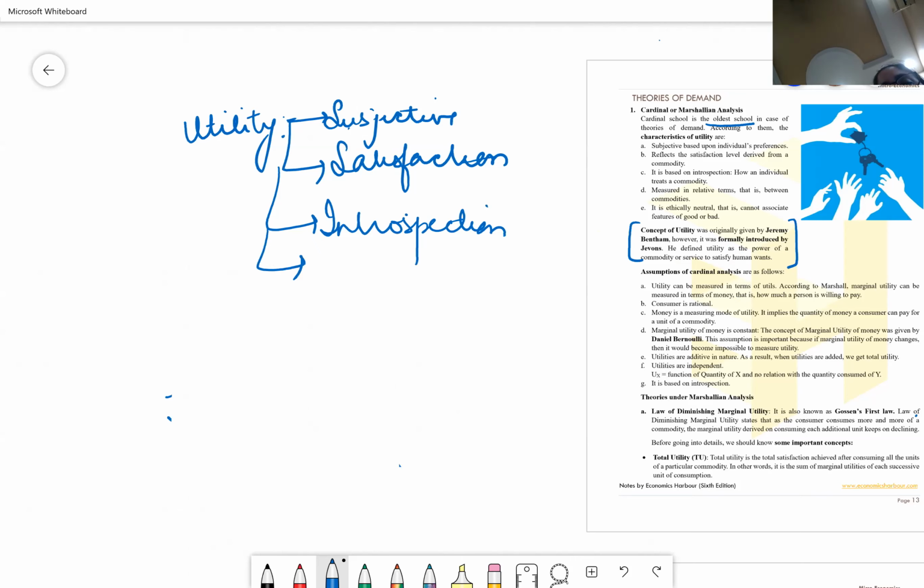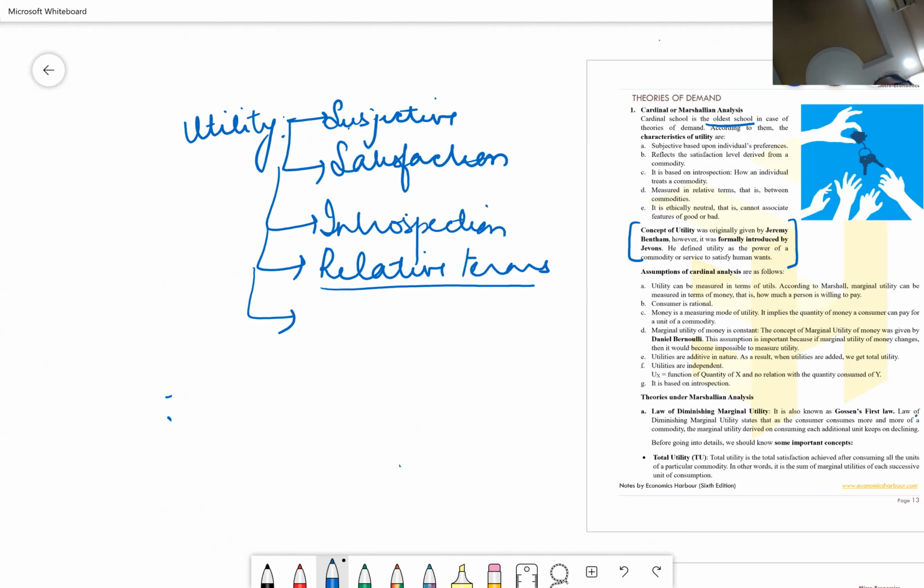Fourth is that it is measured in relative terms. Relative, that is between commodities, say an individual prefers A over B because A gives him more utility as compared to B. So the utility is measured in relative terms.